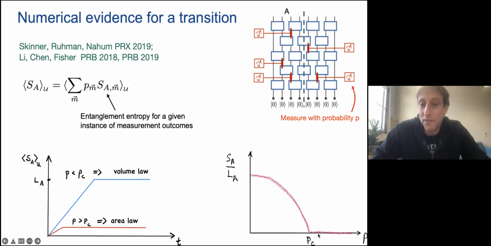On the other hand, if I exceed the threshold rate of measurement, after sufficient time, and this time is of order 1, I get entanglement entropy that saturates to some order 1 value and not volume law. So there is this phase transition.